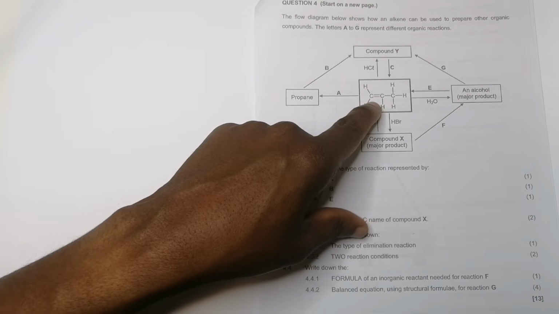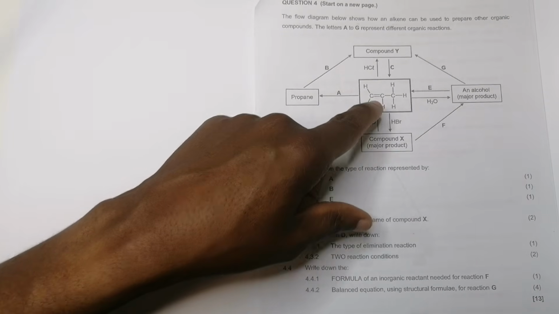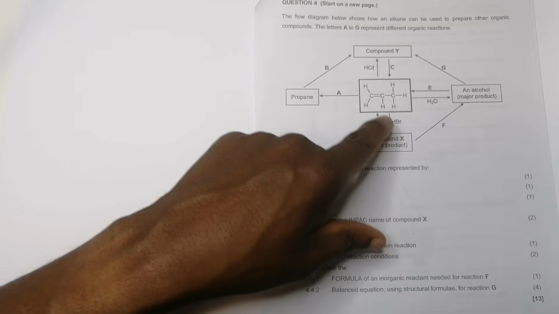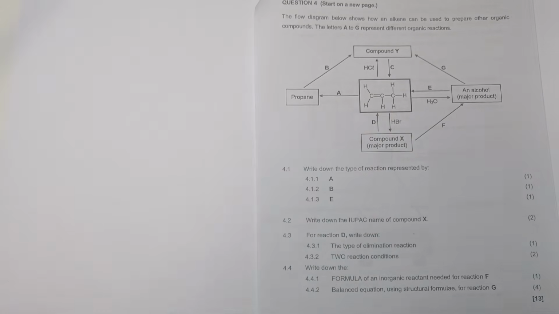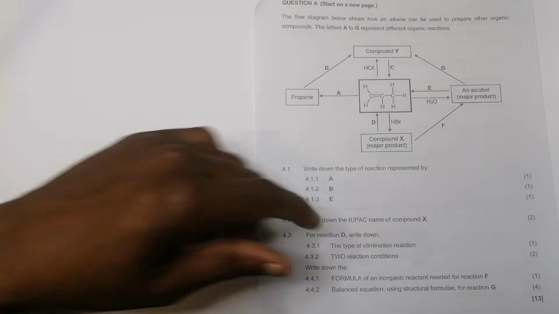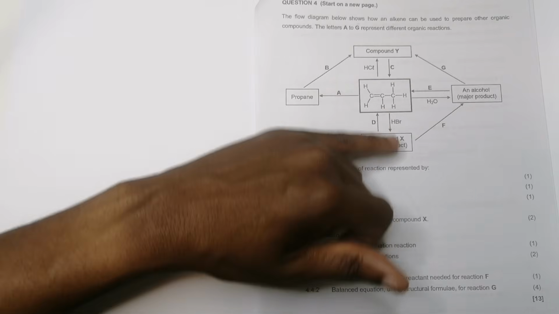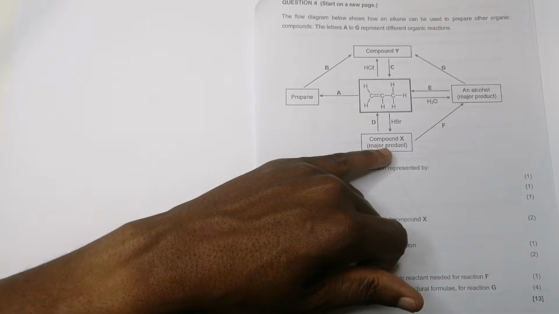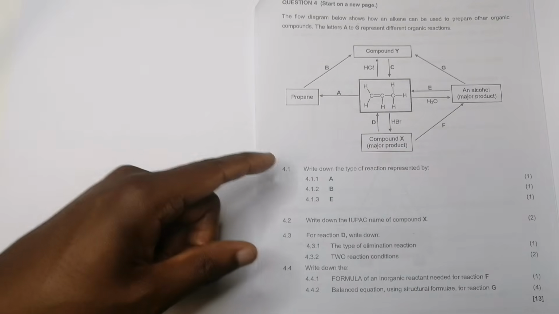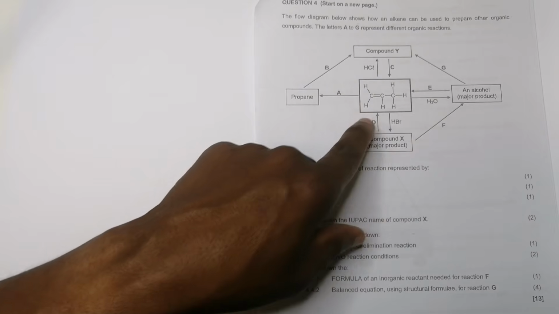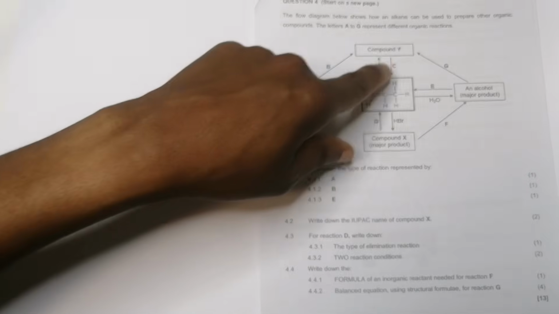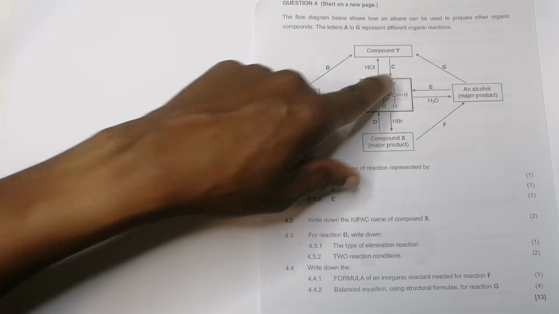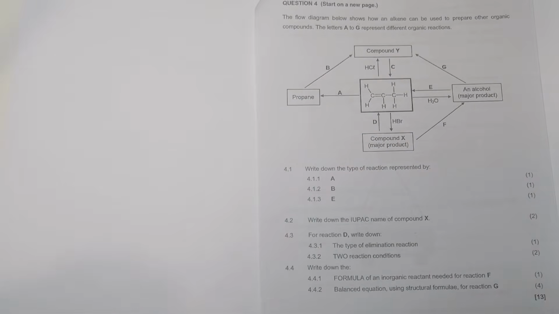Again, you are adding hydrogen and bromine, so it would be an addition reaction. You'd form 2-bromopropane, and reaction D is actually the reverse of that, and so is reaction C. It would be the reverse of that, right?